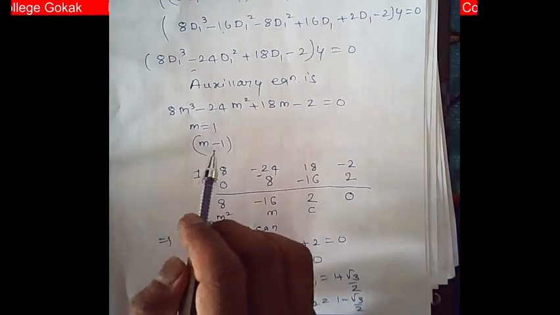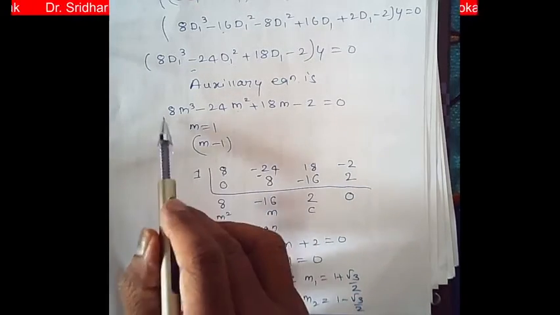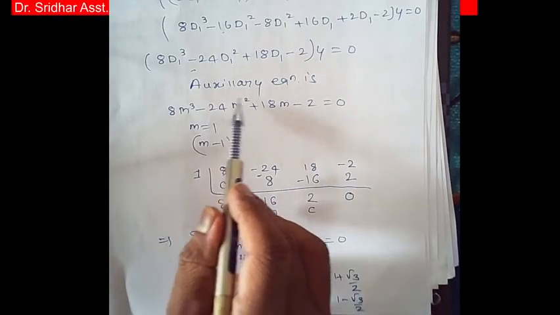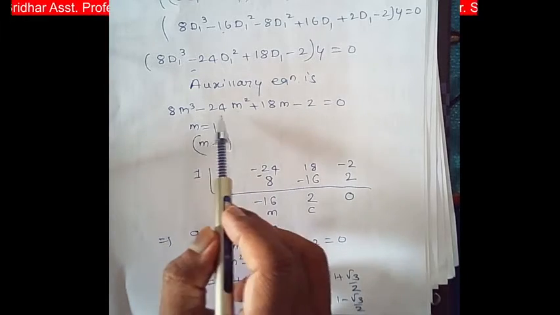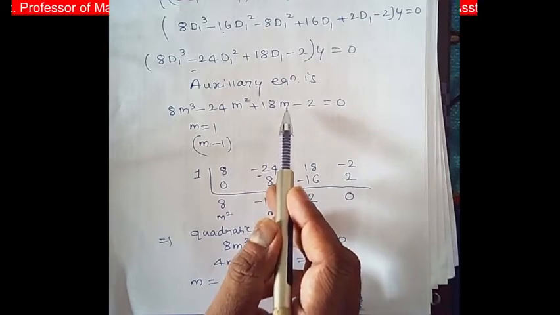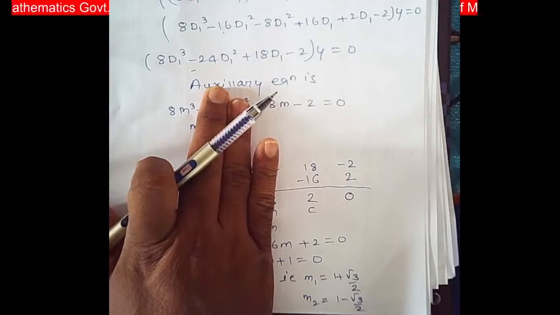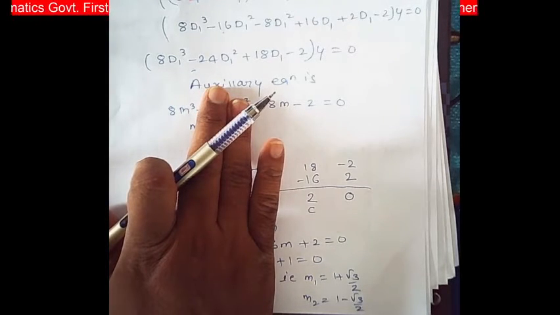Suppose that in some problems we may not get some terms, that is, we may not get the m square term, or we may not get the m term. If the m square term is not there, then you take its coefficient as 0.